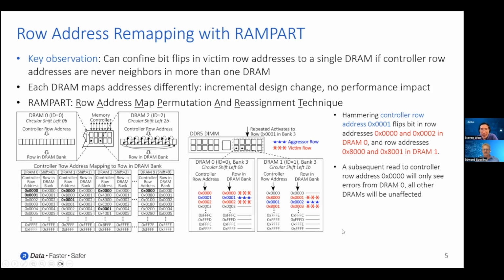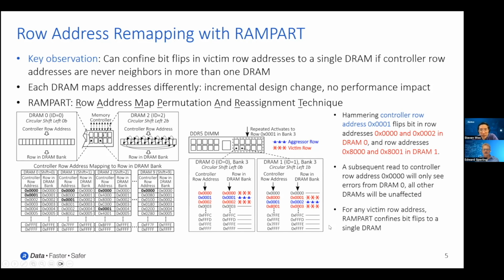The key is that this very simple example of a mapping, there are others, is what limited the number of bits that could flip at any victim row address. Now, if the controller eventually reads from controller row address 8000, then in this DRAM I can have bits that are flipped, but in DRAM 0, those bits are not flipped. So again, I've confined the bit flips from a successful row hammer attack to one DRAM.